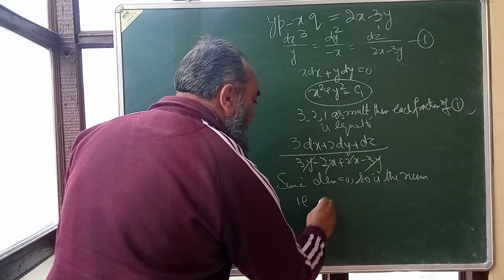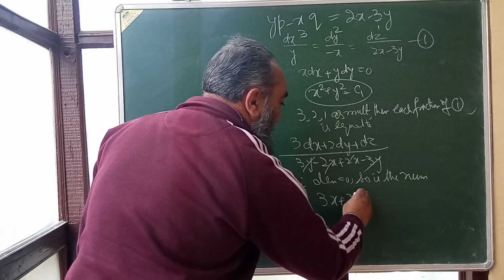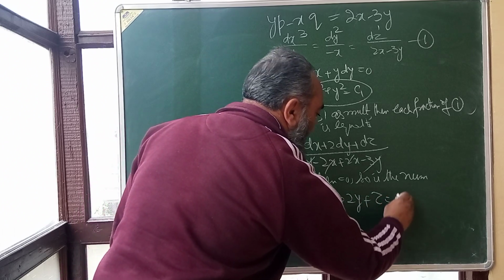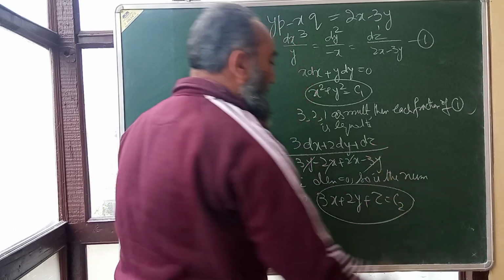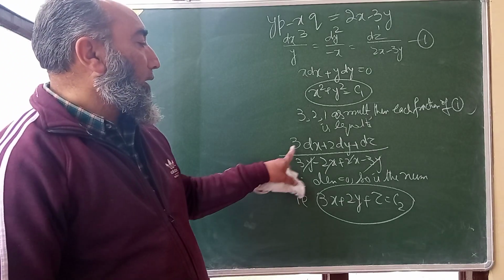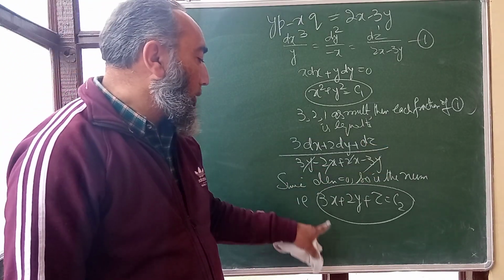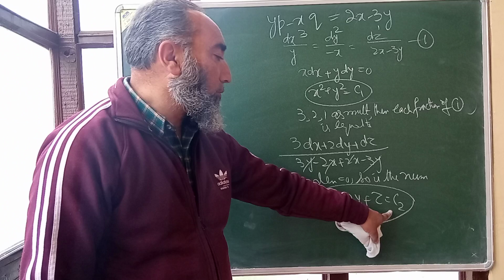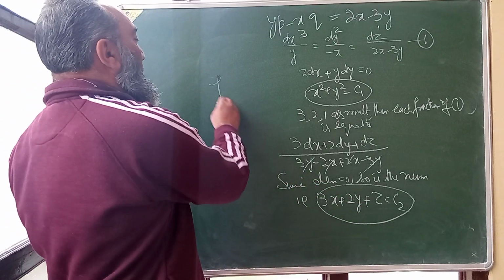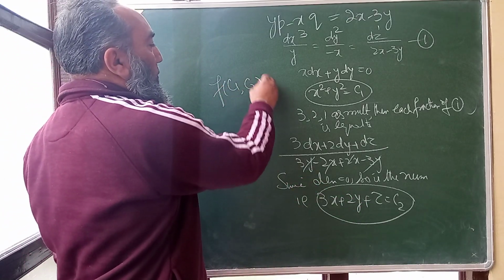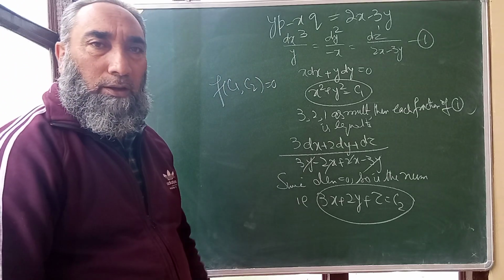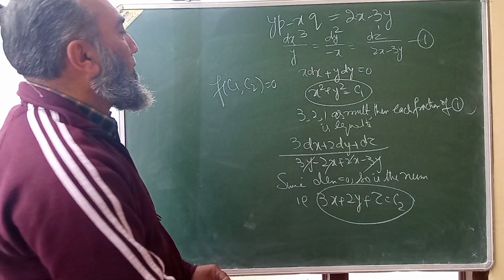I have taken one step less: 3 dx plus 2 dy plus dz equals 0 means 3x plus 2y plus z equals c2. So the solution is function of c1 comma c2 equals 0. Okay, let me take one more question.